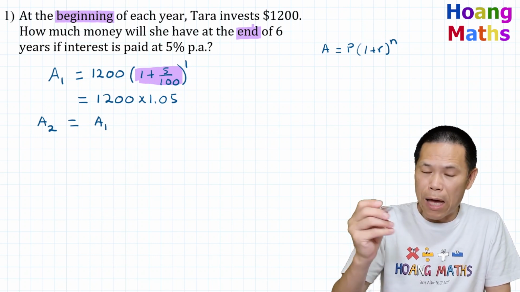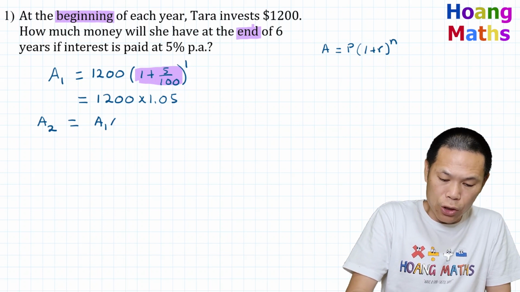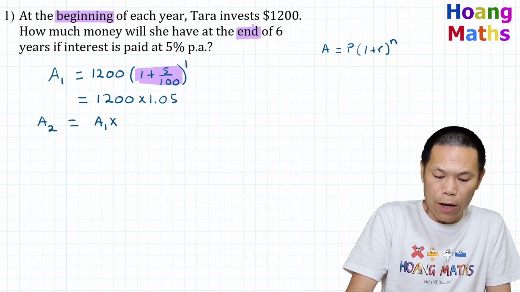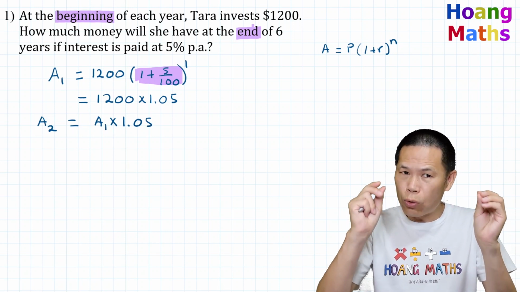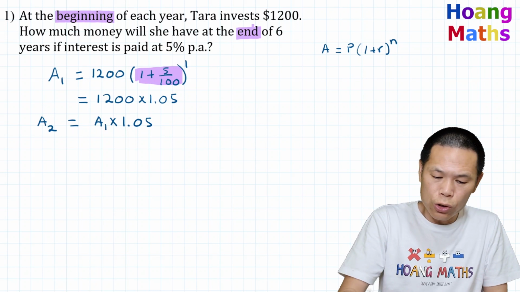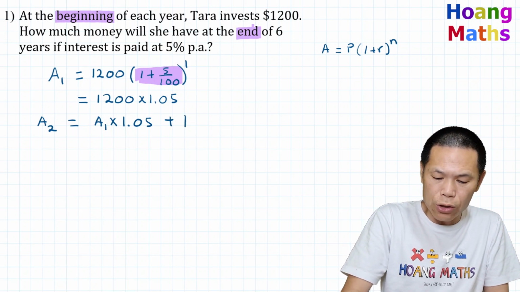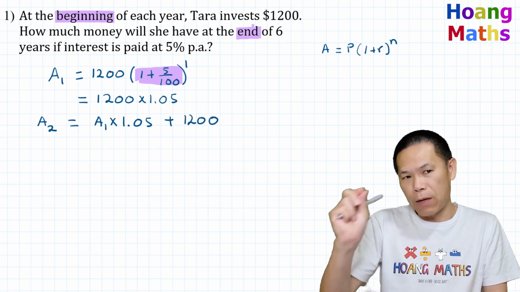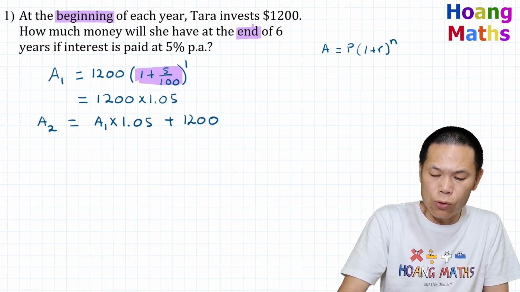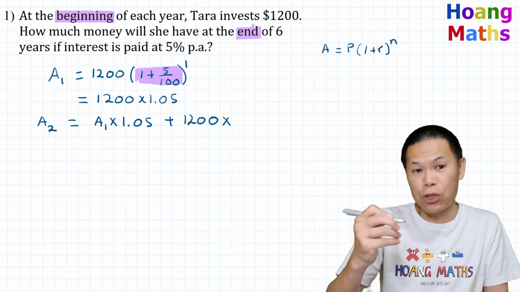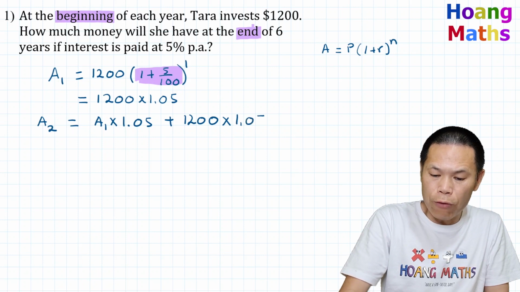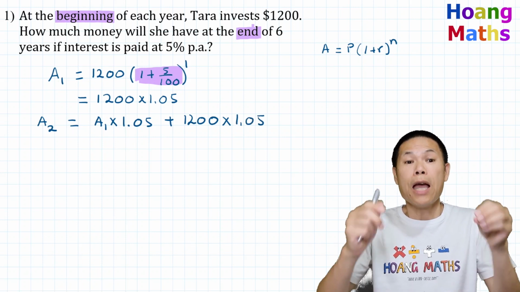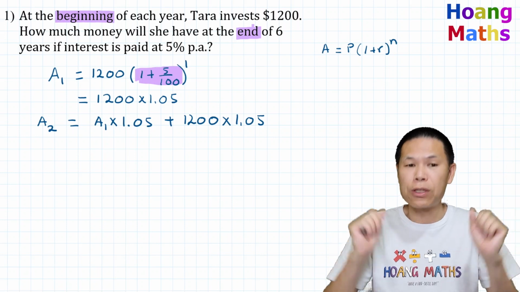Whatever balance is in her account, she gets interest of 1.05. But also at the beginning of the second year, she deposits $1,200, and by the end of the second year this $1,200 also has interest, so that will be times by 1.05. That is how much you have at the end of the second year.